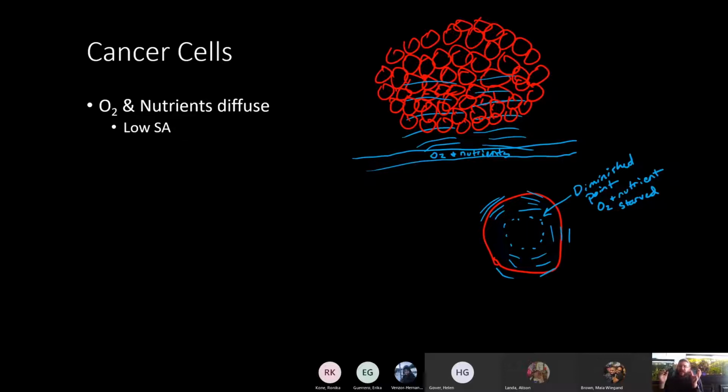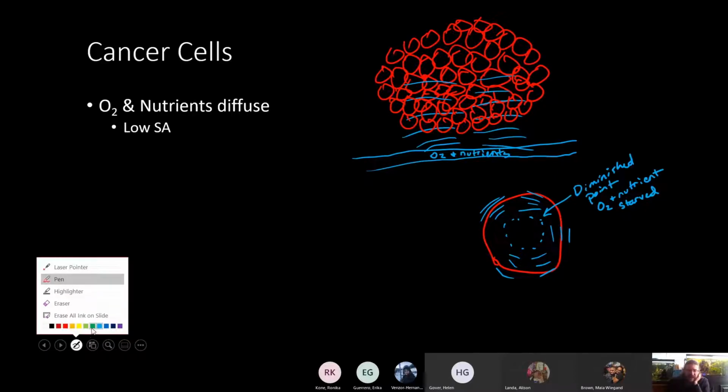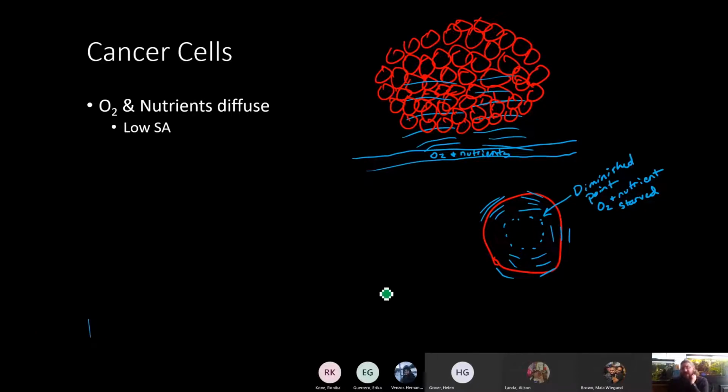That's because the tumor grew too large for it to be effective. But tumors, cancerous cells, have a surprising ability. It's present in all cells because all cells have all the genes, but cancerous cells activate this, and they secrete angiogenesis factors.